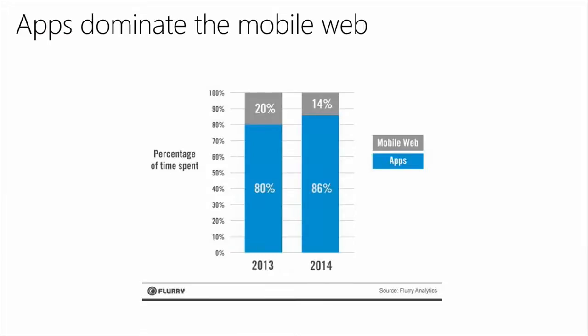Apps dominate the mobile web. Now, I apologize because here we are training you how to do the mobile web, and then we show you this discouraging slide about the trend in people using mobile websites declining over the years, and it is in fact the case. But remember the slide that I showed you where we were splitting the cloud into two, an API and a website, and that was because we also need to support mobile apps.